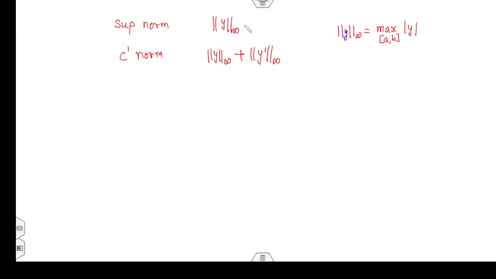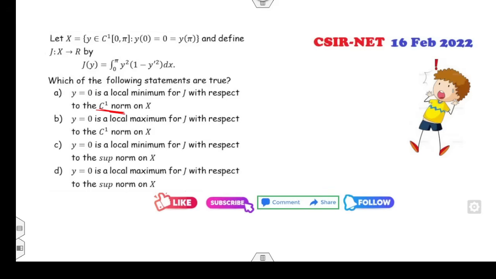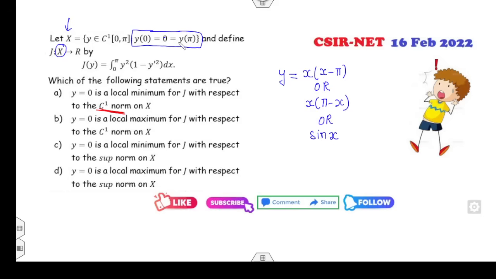ओके. नाउ अब क्वेश्चन को ध्यान से पढ़ते हैं. देखिए इट्स वेरी वेरी इजी. यू कैन बिलीव मी, यू कैन सॉल्व द प्रॉब्लम इन द 10 सेकेंड. नाउ लुक एट दैट. दिस इज माई कैपिटल एक्स. फाइन. और इसकी डोमेन भी कैपिटल एक्स है. कोई भी you can choose any of the y which satisfied these conditions, like x into x minus pi satisfied, or you can choose x into pi minus x satisfied, or you can choose sine of x satisfied.